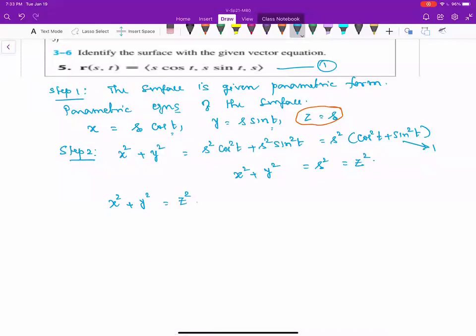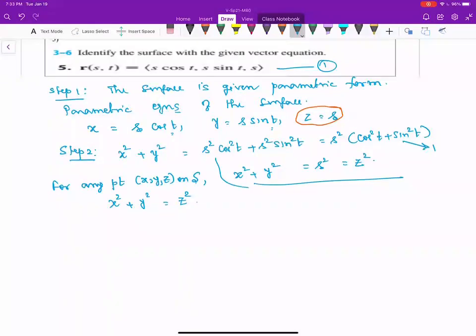So for any point x, y, z on the surface, we get x square plus y square equal to z square.